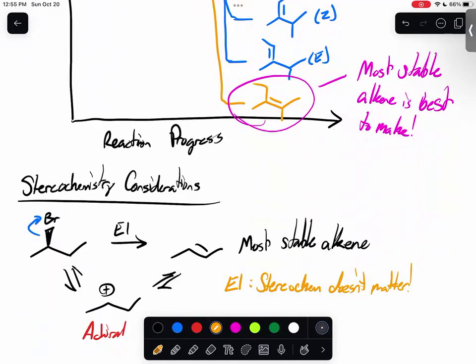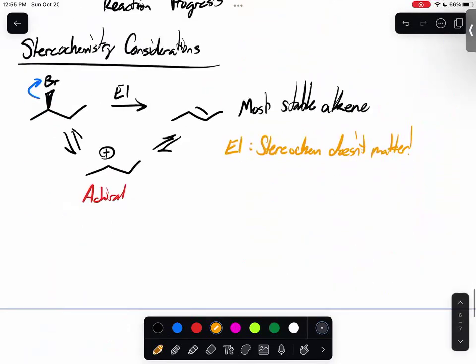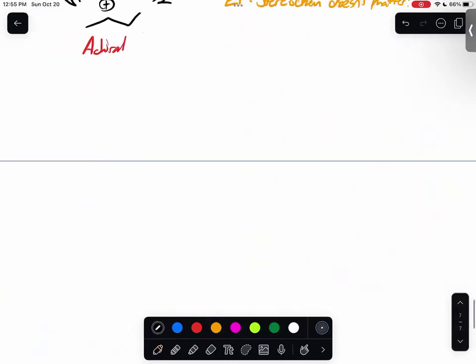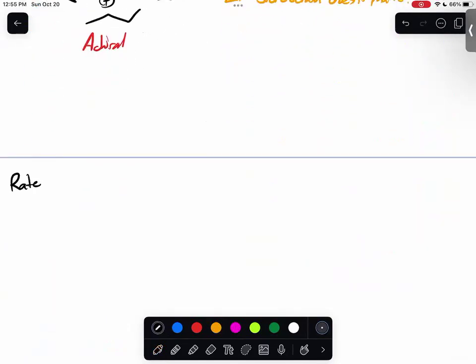All right, okay. Now then, hopping on to our next piece, which is the rate of the E1 reaction. Whenever we think about E1, it's the same rate determining step as SN1, right?